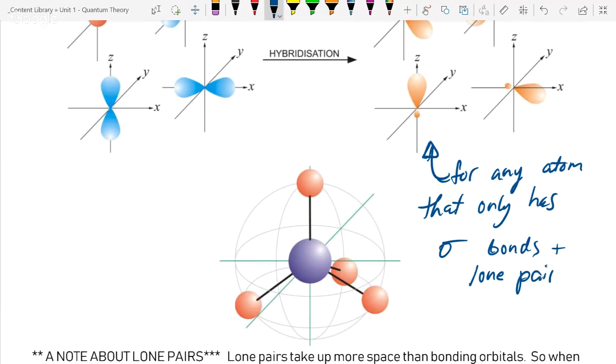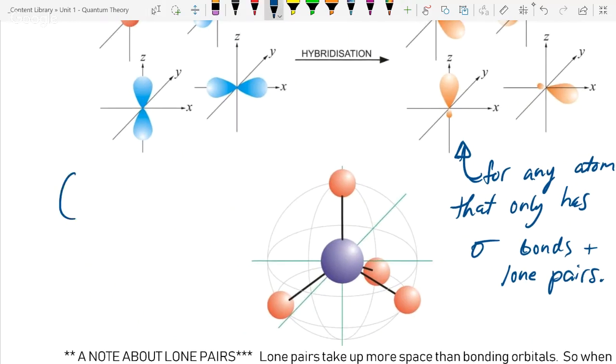In other words, it's only sp3 hybridization if there's only sigma bonds and lone pairs. In other words, there can't be any pi bonds, which means there can't be a double bond, there can't be a triple bond. Does that make sense? So when you're looking at your Lewis diagram, we'd say atoms that only make single bonds.